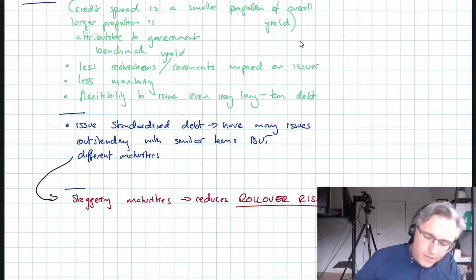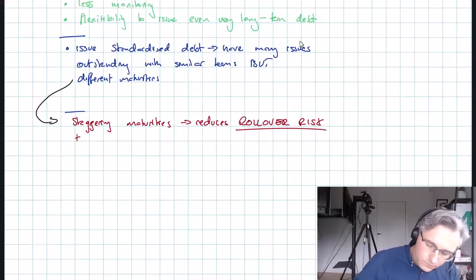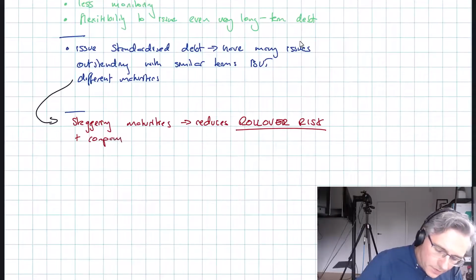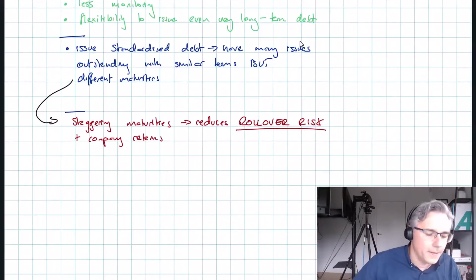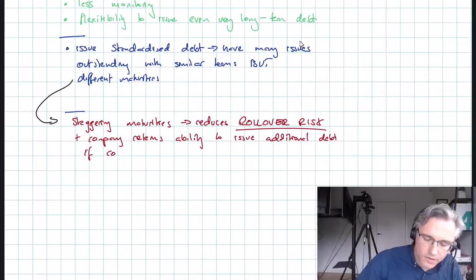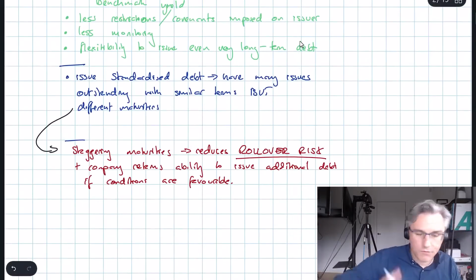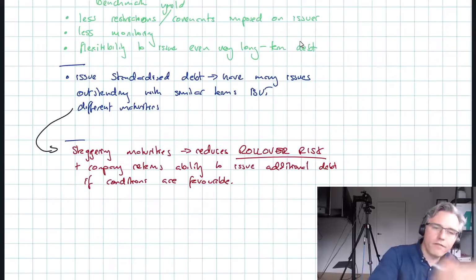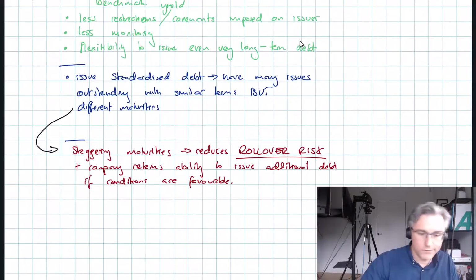And this also reduces rollover risk, plus the company retains the ability to issue additional debt, more debt, if conditions in the market are favorable for the company, right? Instead of issuing everything and having everything mature on the same date. No, we typically don't want that.